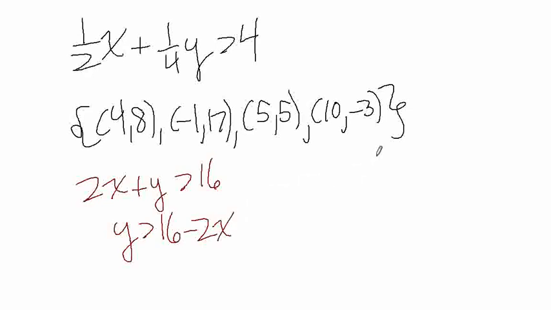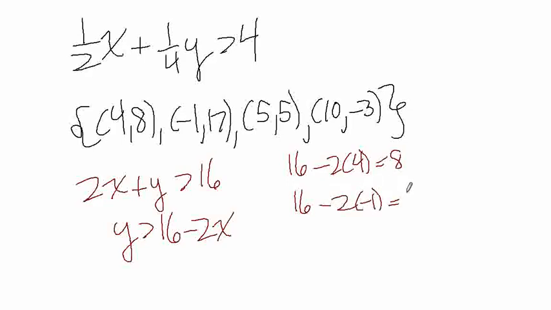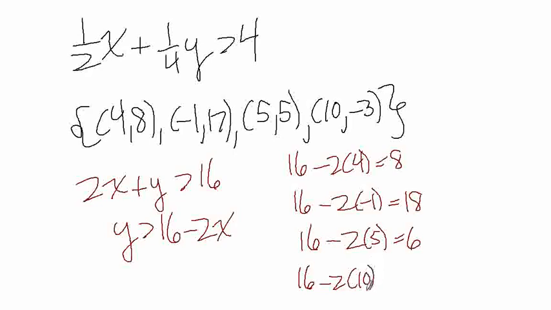Let me evaluate 16 minus 2x with respect to all 4 points. 16 minus 2 times 4 gives 8. 16 minus 2 times minus 1 gives 18. 16 minus 2 times 5 gives 6. 16 minus 2 times 10 gives minus 4.